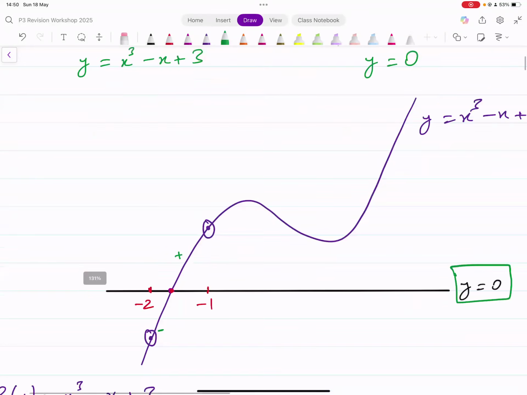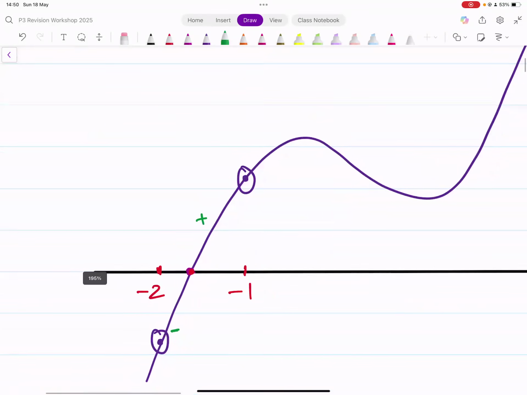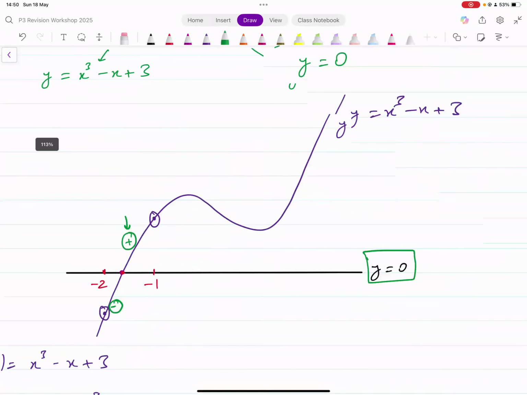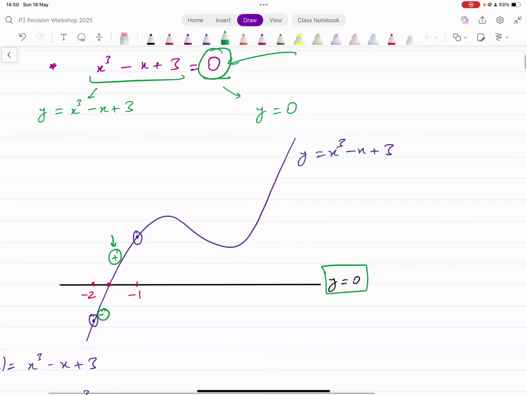Now, notice one thing. When this graph intersects the x-axis, towards one side of that, you have a positive y value, right? Y value is positive here. On the other side, the y value is negative. Between them, the y value becomes equal to 0.